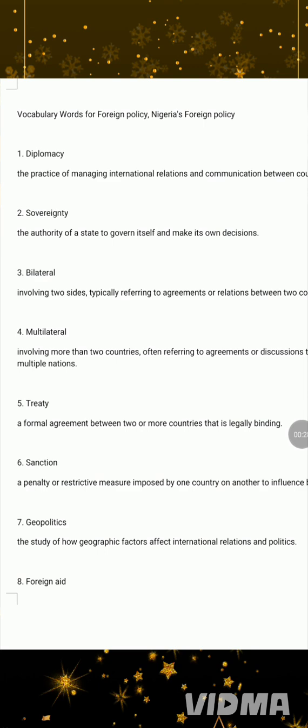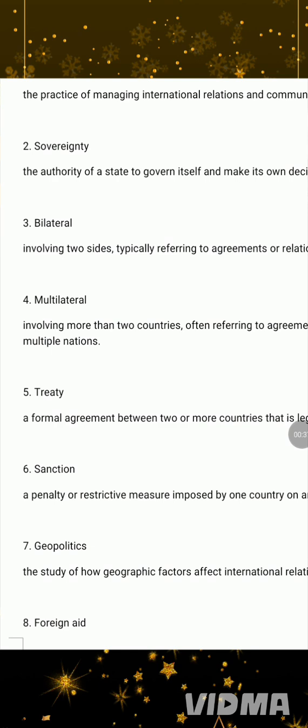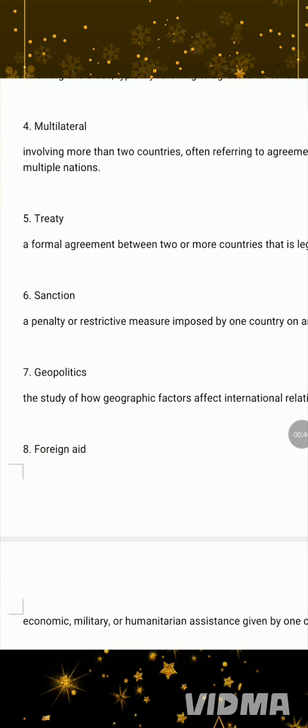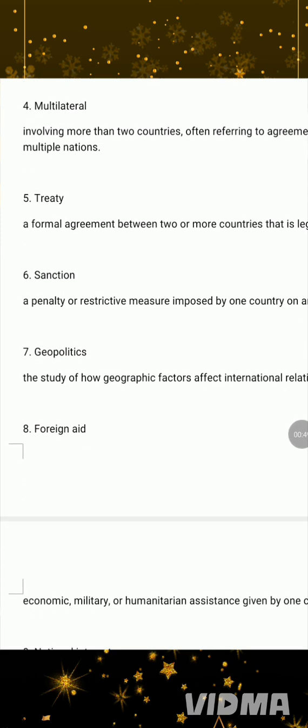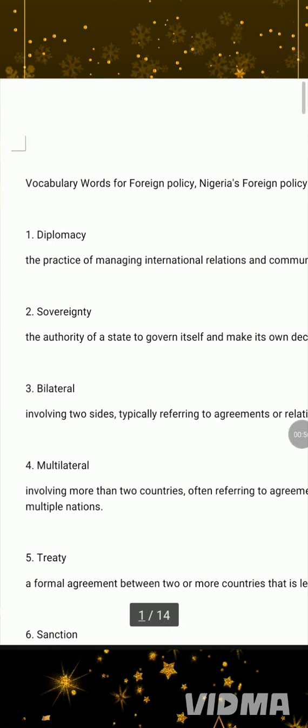So I'm going to discuss about 10 words today that relate to foreign policy, which are: number 1, diplomacy; number 2, sovereignty; number 3, bilateral; number 4, multilateral; number 5, treaty; number 6, sanction; number 7, geopolitics; number 8, foreign aid; number 9, national interest; and number 10, embassies. So these are the 10 vocabularies or words we'll look at in this video about foreign policy.